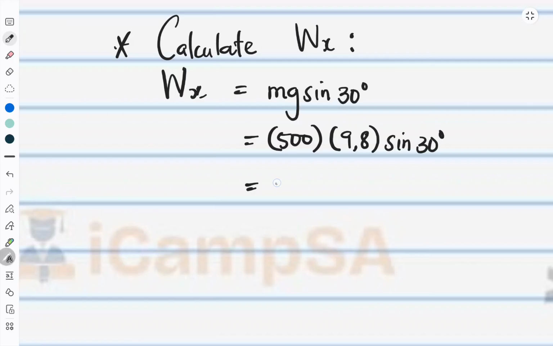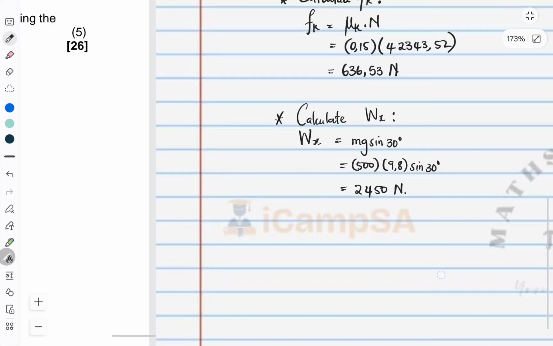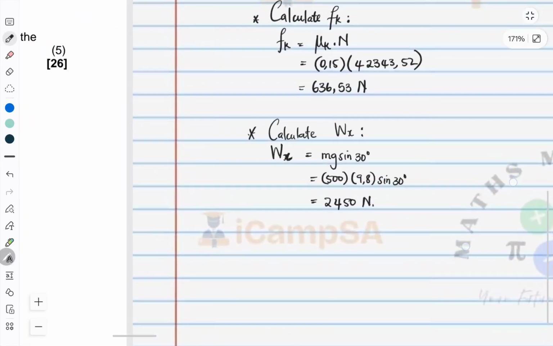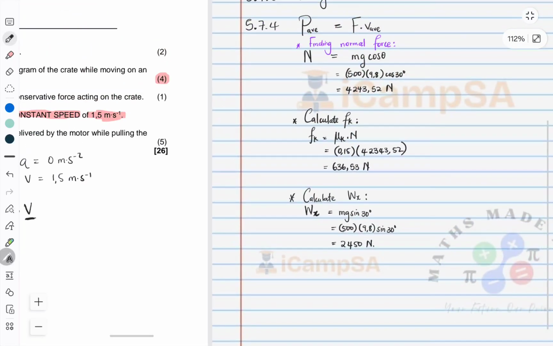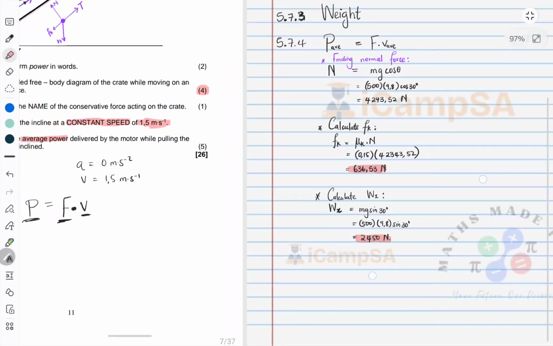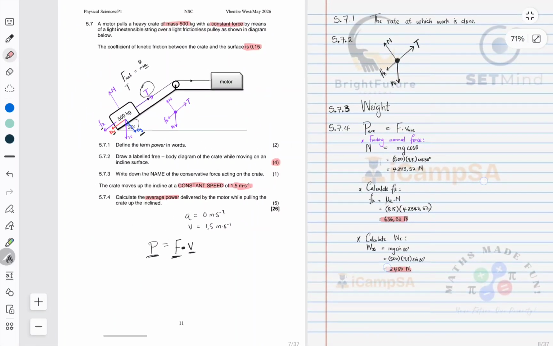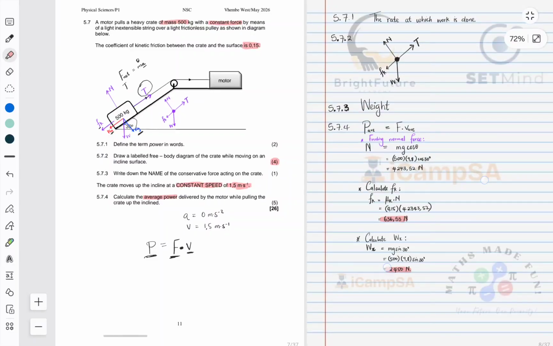And I get 2,450 newtons. All right, so now I have pretty much all the forces except tension, of course, because I don't know it. These are all my forces, the ones I'm interested in. I don't care about this one, and that one. I can use those two. What else is there? Okay, nothing else.